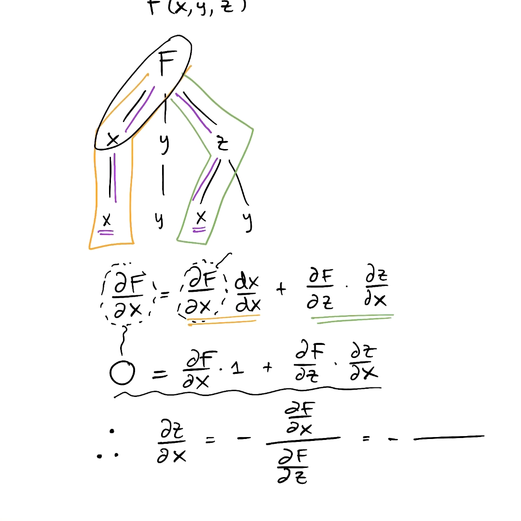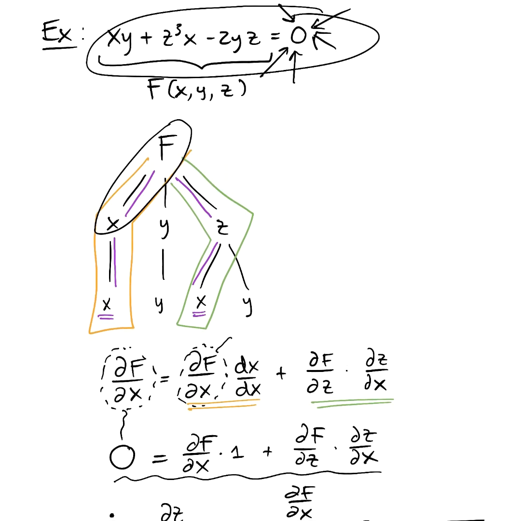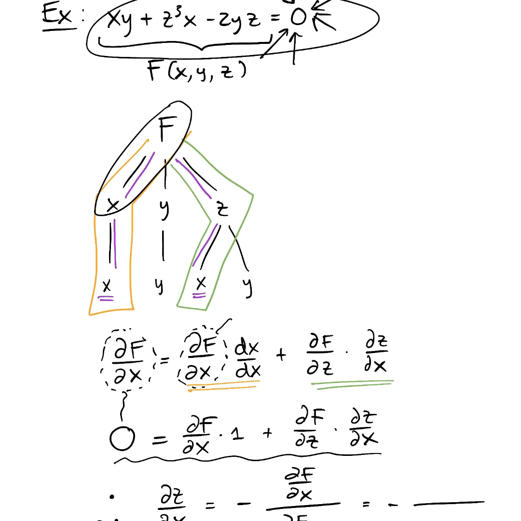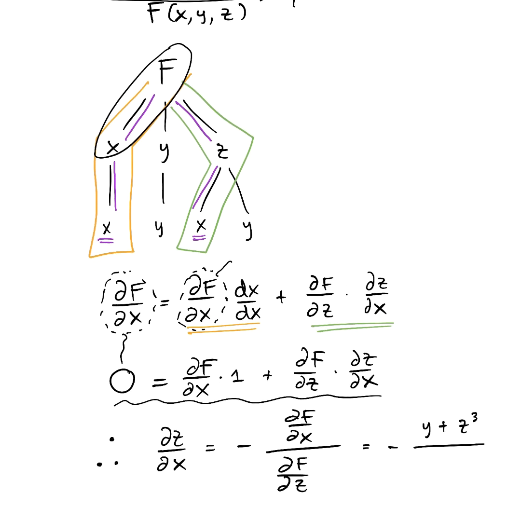Look back at what big F was right there. Look back here, right up here. Let's find df dx. So what is that? Just a y plus z cubed? And let's find df dz. What is that? 3z squared x, take away 2y?